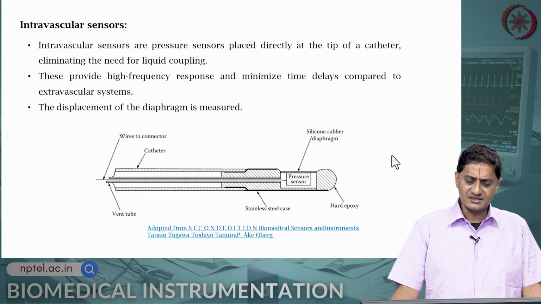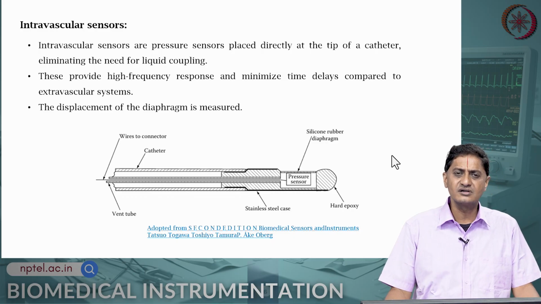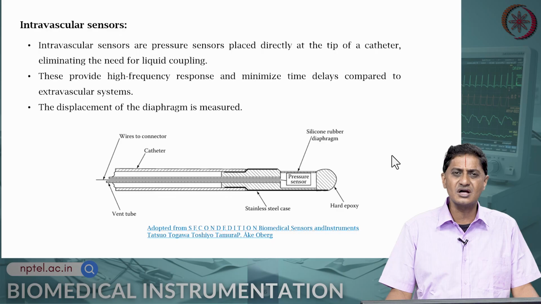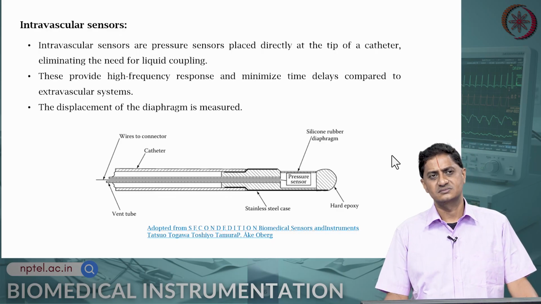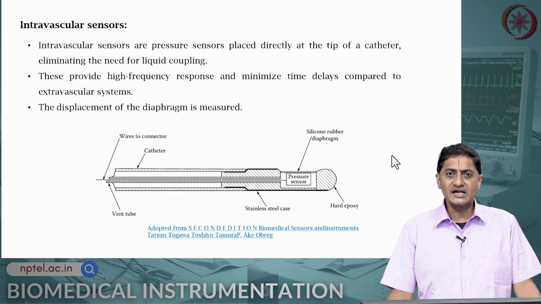These are sensors that are placed at the tip of the catheter, so there is no need for coupling with the fluid. So, it essentially eliminates the fluid filled catheter, which is the extravascular sensor. So, it directly senses.